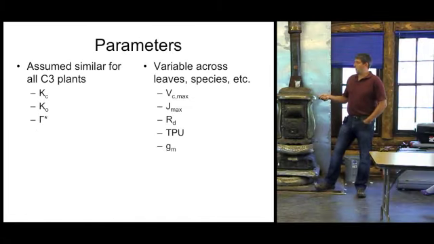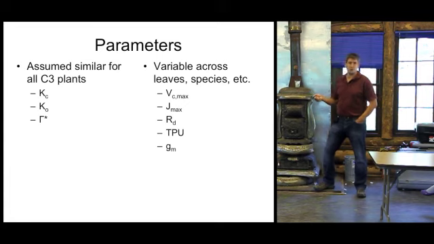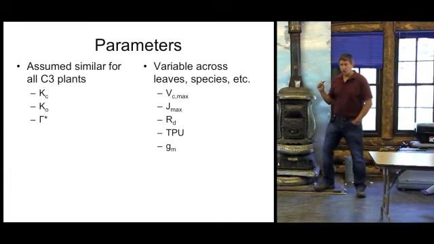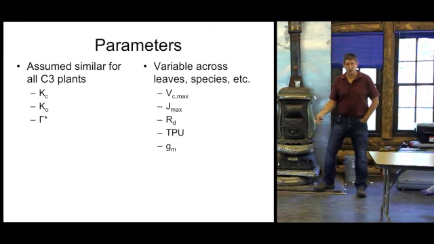These parameters are what you need to model photosynthesis. There are certain parameters we assume to be constant or similar for all C3 plants, even though we know they are not. It turns out that for most C3 plants, they don't deviate enough from one another for us to make a big stink out of it if you're trying to model leaf, plant, or canopy photosynthesis.